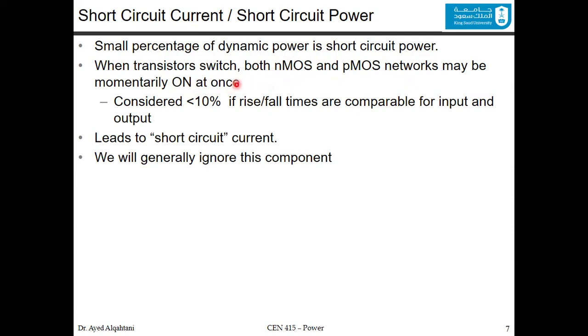It's for only a fraction of a nanosecond, considered to be less than 10% if the rise and fall times are compared for input and output. This will lead to short circuit current, and we will generally ignore this component because it happens in a very brief moment of time with a low probability.